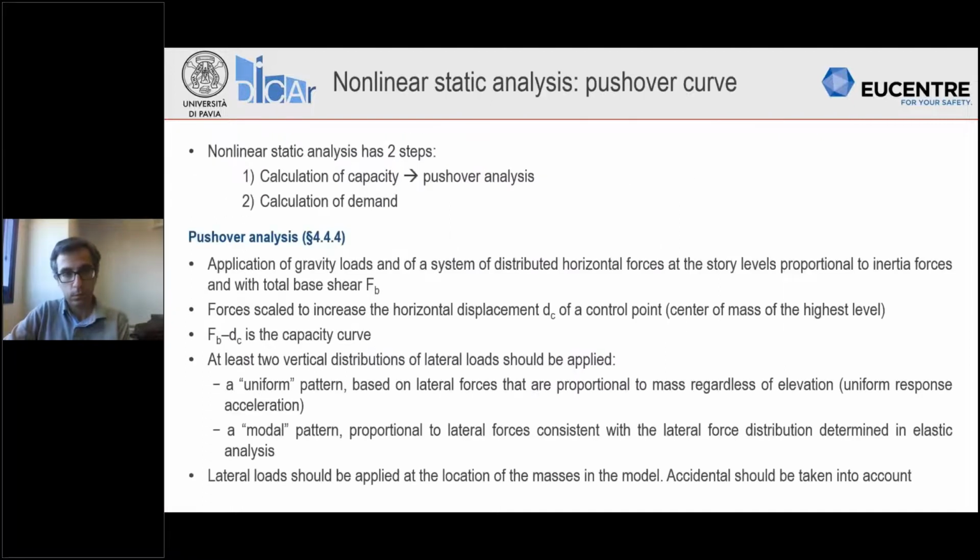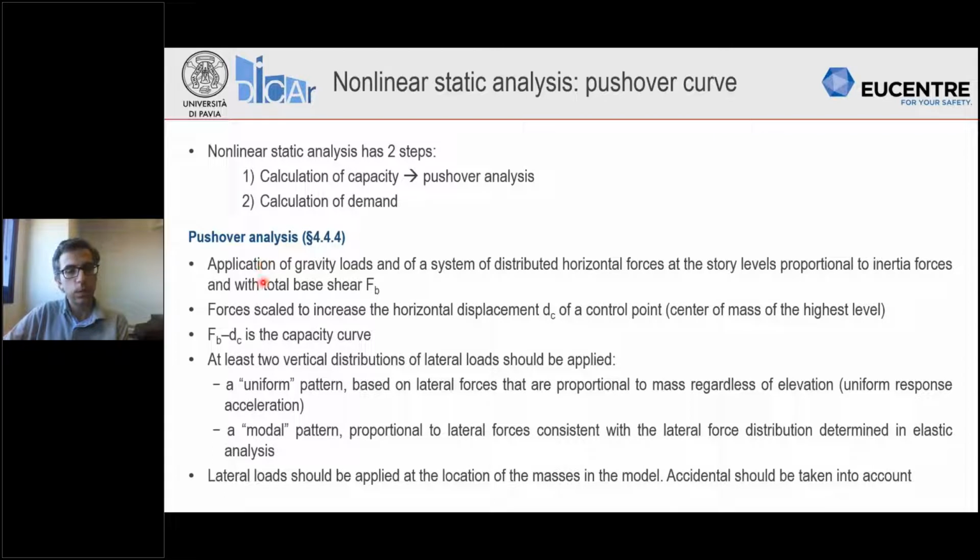Now, moving to the nonlinear static analysis. Nonlinear static analysis has two steps: calculation of the capacity, so determination of the pushover curve, and calculation of the demand. Here I will discuss only the first topic, because the demand will be the topic of the next webinar. So what's pushover analysis?